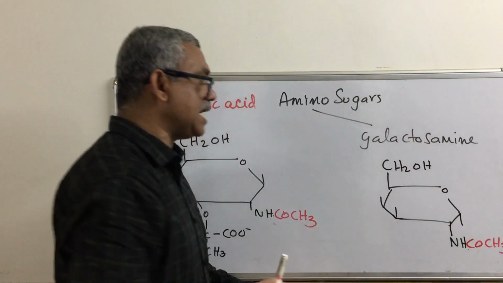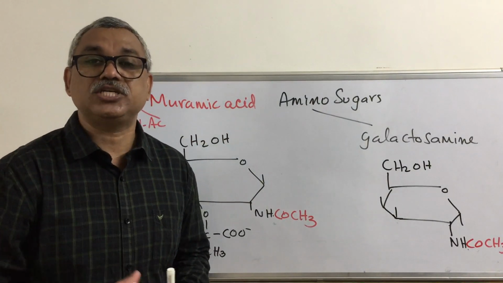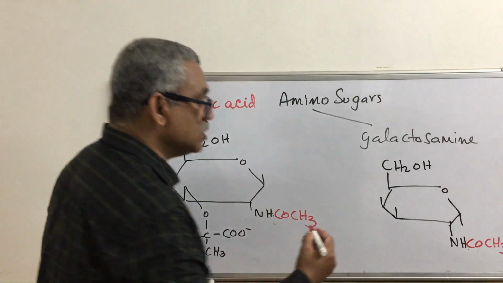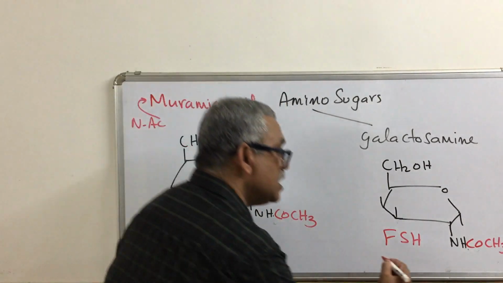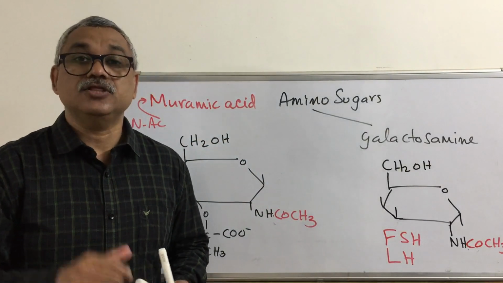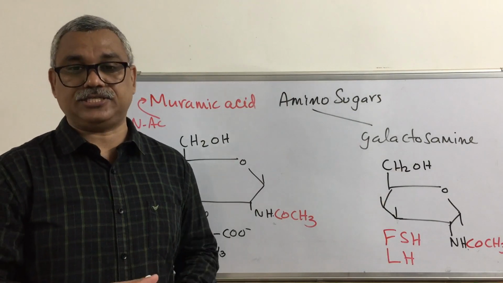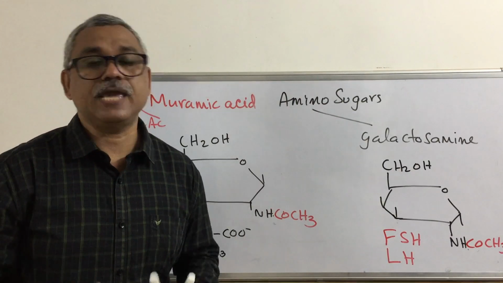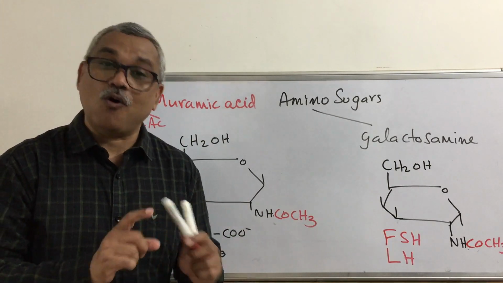This is N-acetyl galactosamine. These molecules are found especially in certain hormones like follicle stimulating hormone as well as luteinizing hormone. Remember that these molecules are hepatotoxic in large concentration. We should also keep in mind that these amino sugars do not give osazones.